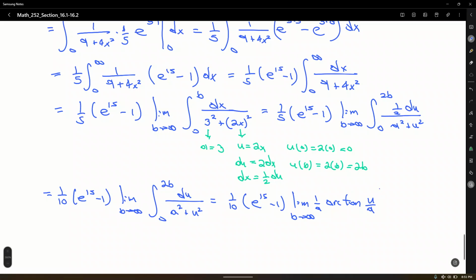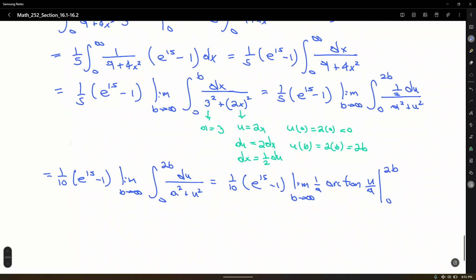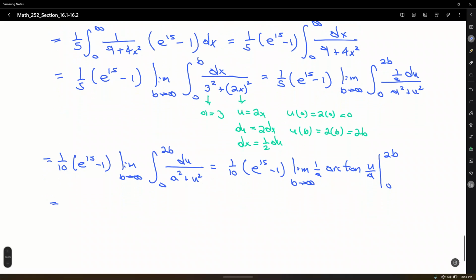Don't forget the 1 over a. That's our arctan rule, evaluated between 0 and 2b. From here we can back substitute our a. So that is 1/10 e to the 15 minus 1 limit as b approaches infinity of 1 over 3 arctan of u over 3 from 0 to 2b.